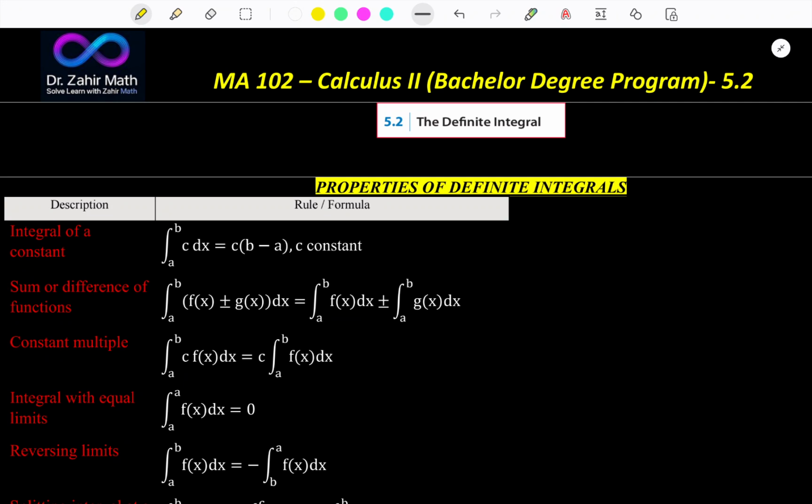Zakir Math. In this video, we will start exercise 5.2, definite integrals, for the course MA102 Calculus 2 for the Bachelor Degree Program. For diploma students, please watch the playlist GSMA 102 Calculus 2. Before solving these problems, I strongly recommend that you first watch the previous video where I explained the properties of definite integrals in detail with examples, right?